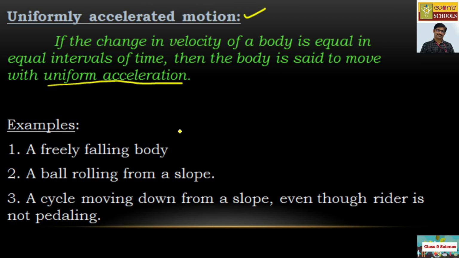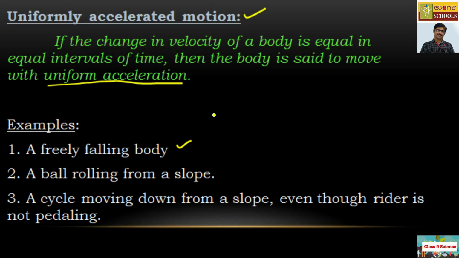Examples here: a freely falling body. A freely falling body is a body which is falling from a certain height to the surface of the earth. In such bodies, the acceleration remains the same. That is why that is taken as a freely falling body.